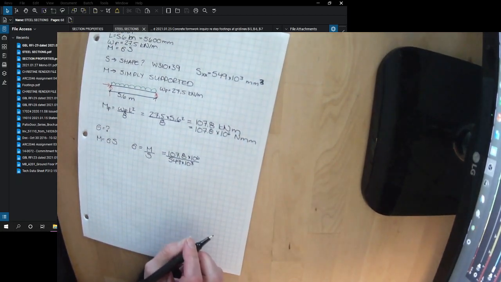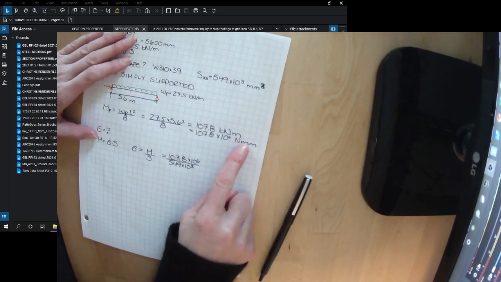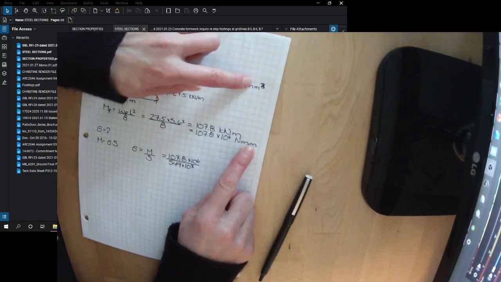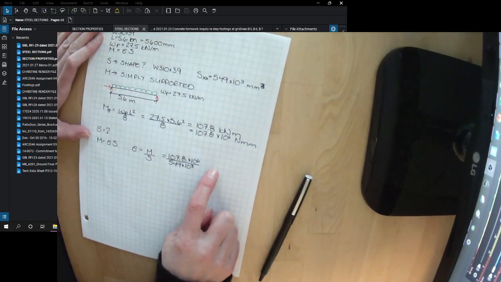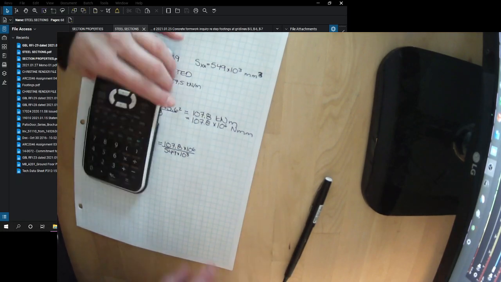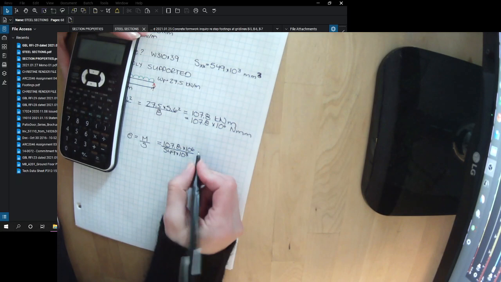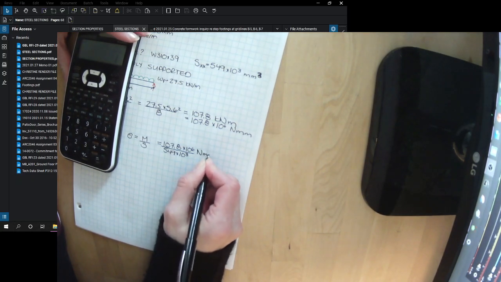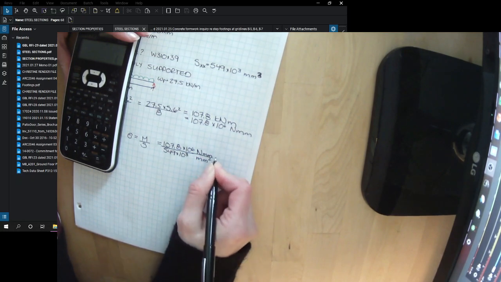I'm writing everything wrong today. Millimeters cubed. So we have Newton times millimeters, and then divided by millimeters cubed, we're going to end up with newtons per millimeter squared. And we can calculate this, or why don't I just write the units in here? So this was Newton millimeters, and this is millimeters squared.